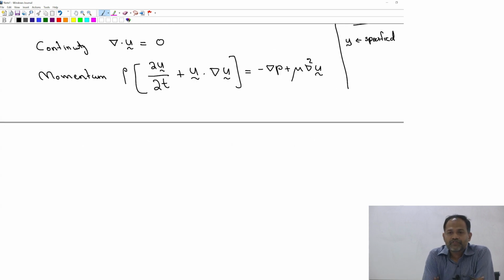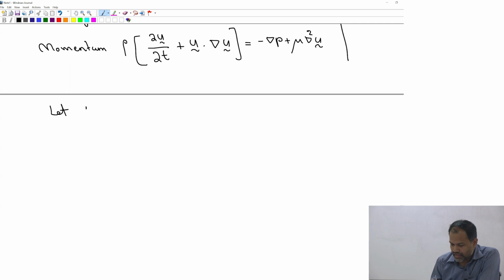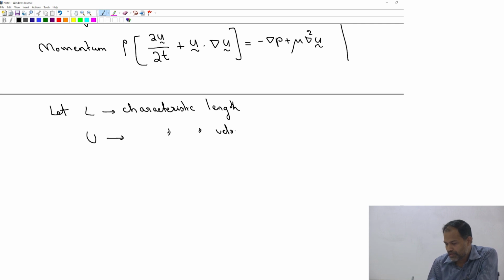To non-dimensionalize, we need to select some scales. We don't yet know how many scales we should choose, but in this case I am going to tell you how many we will select. We will have a characteristic velocity, a characteristic length, and some characteristic pressure. Let L be a characteristic length in the problem, and let U be a characteristic velocity in the problem.